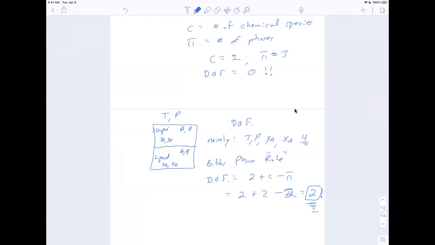So if you take temperature and pressure to be your 2 degrees of freedom, you say, all right, I'll just specify those. Pressure is 1 bar and temperature could be whatever you want, 300 Kelvin.